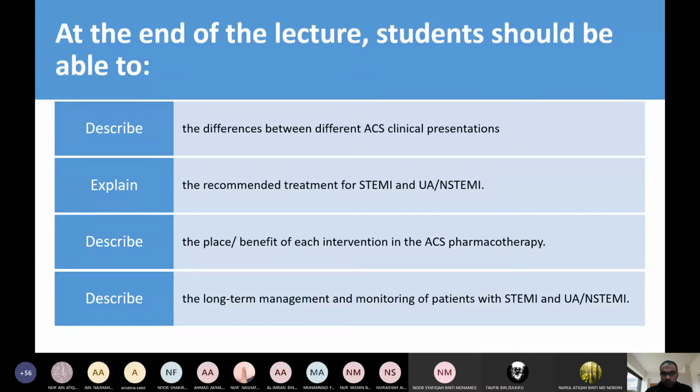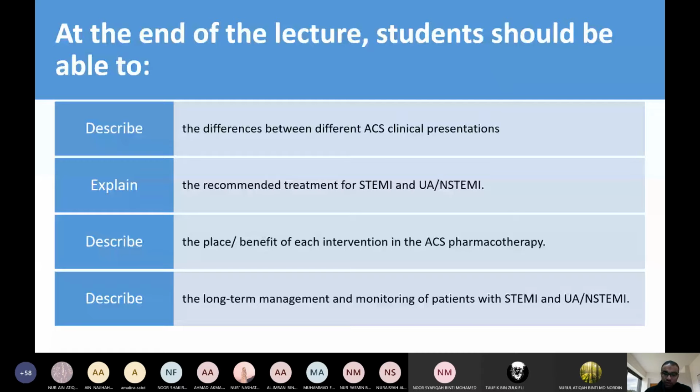We will highlight some differences and some data on the different presentations of acute coronary syndrome. And we will discuss the treatment algorithm and the treatment approach for both of them, unstable angina and STEMI. All this will be explained later.